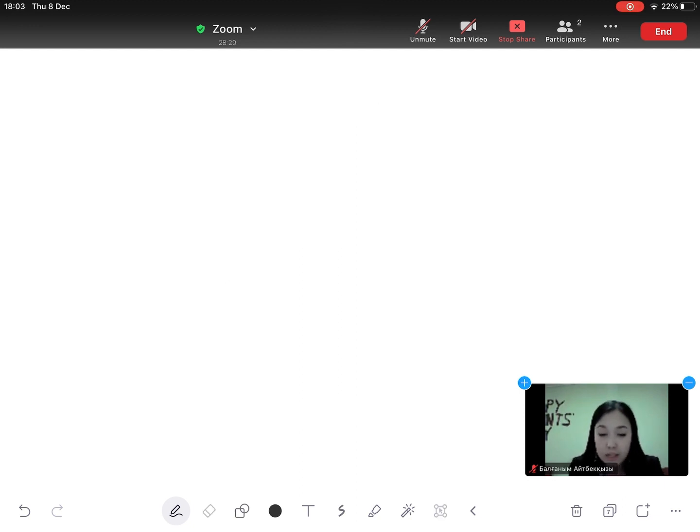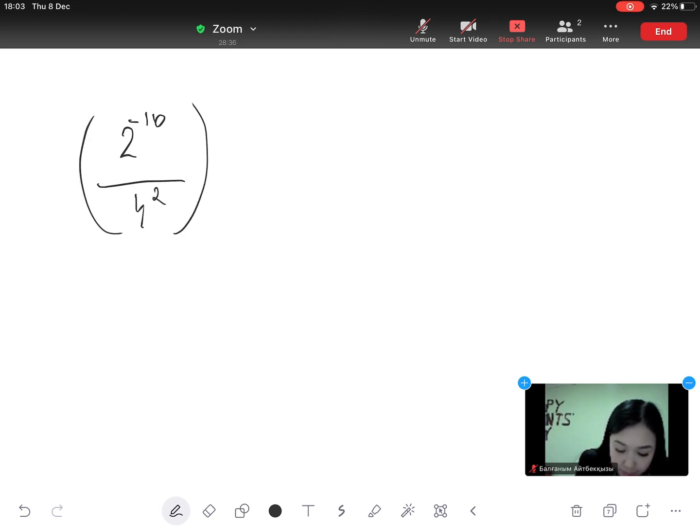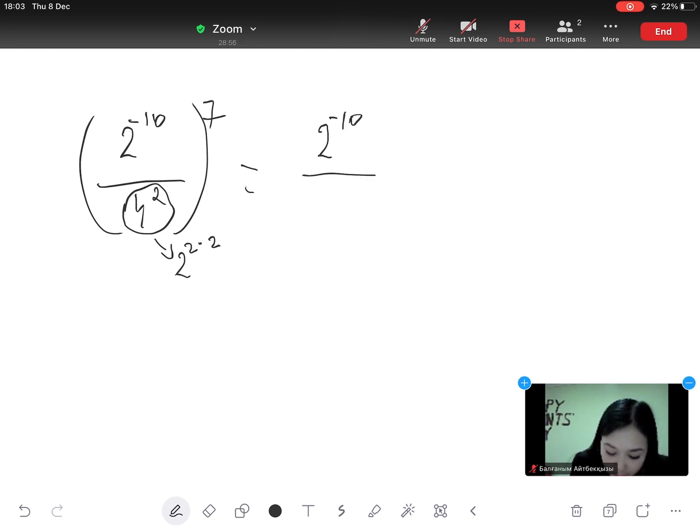For example, 2 to the power of -10 divided by 4 squared, to the power of 7.